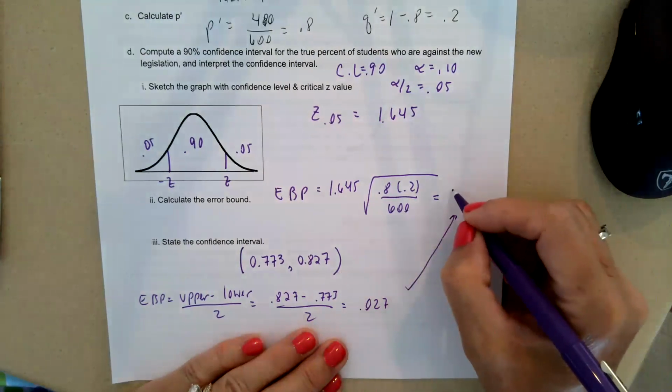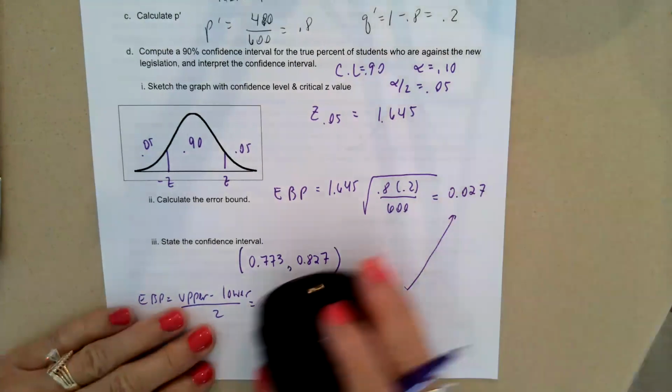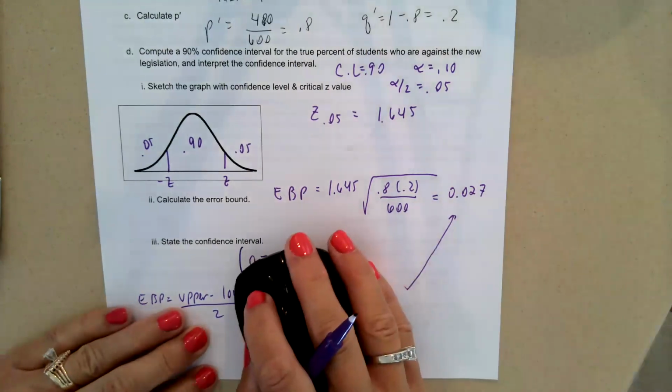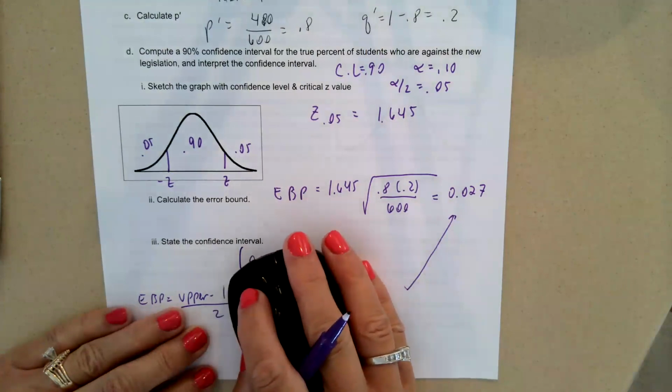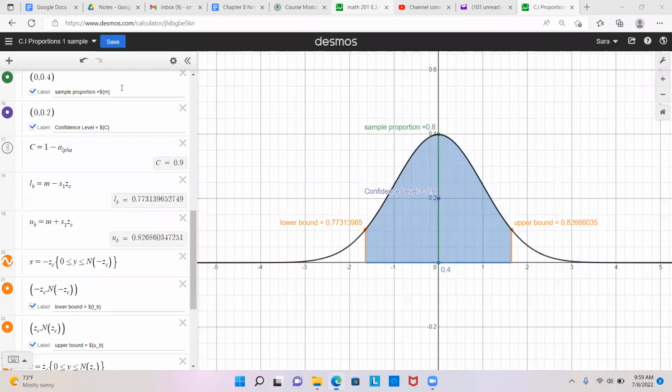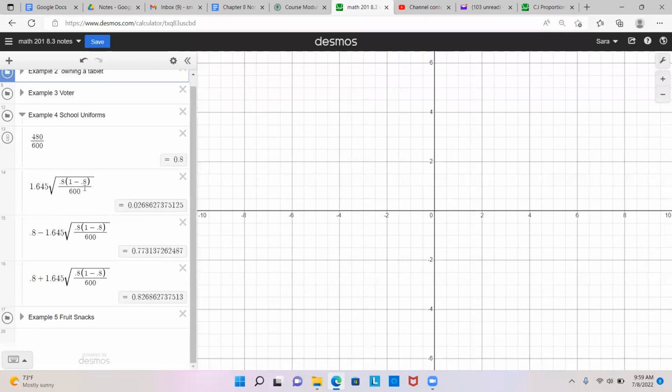So this should be 0.027. So let's go and validate that in Desmos. This is good practice for us to kind of work in different directions. And there is our error bound margin, 0.027 rounded. Excellent.